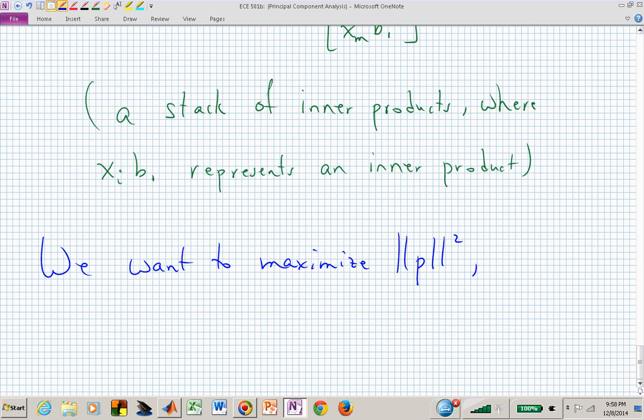And we can do that by maximizing the square of its norm, where the norm of p squared is really just the sum of each of these coordinates in p squared.